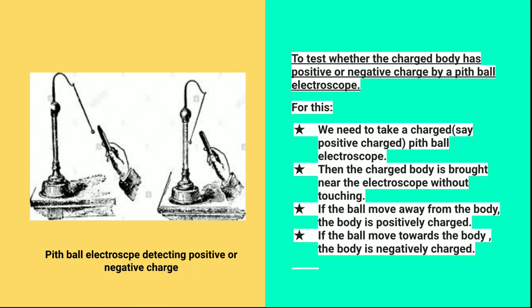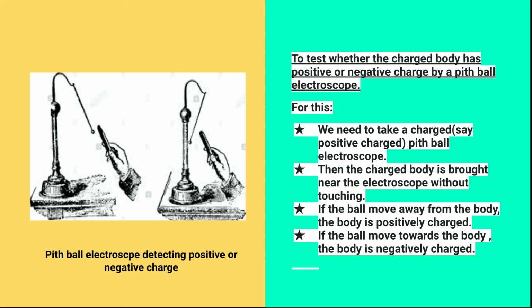Next is to test whether the charged body is positively or negatively charged. For this, we take a positively charged pith ball electroscope. Then the charged body is brought near the electroscope without touching it.